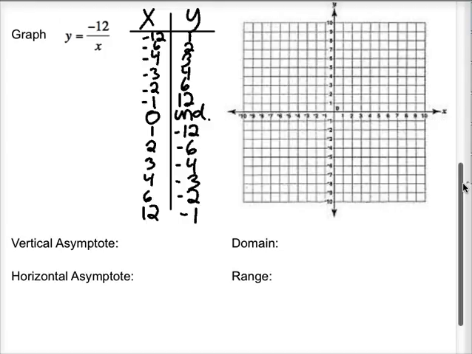Now, I'm going to start with my asymptotes. So because I'm drawing those in, I'm just going to come down here and write them in, that my vertical asymptote is at x equals 0, horizontal asymptote is at y equals 0. And I might as well fill this in because it's the same for everything today.